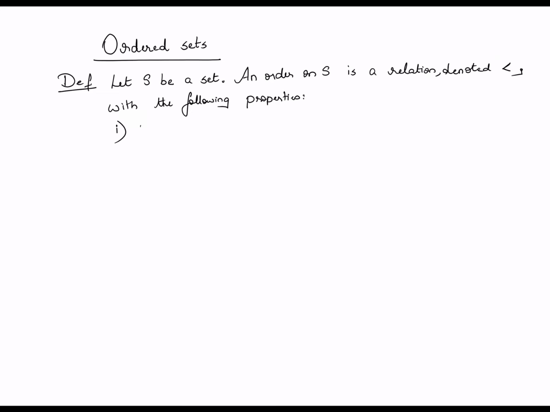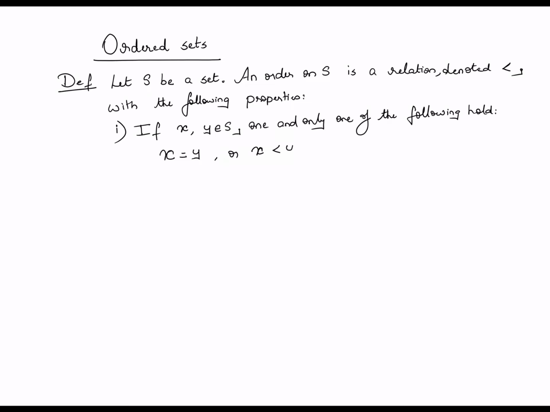First, if you have, let's say, x and y that belong to the set, then one and exactly one of the following hold. So either you can have x itself equal to y, or you would have x, well, less than y.